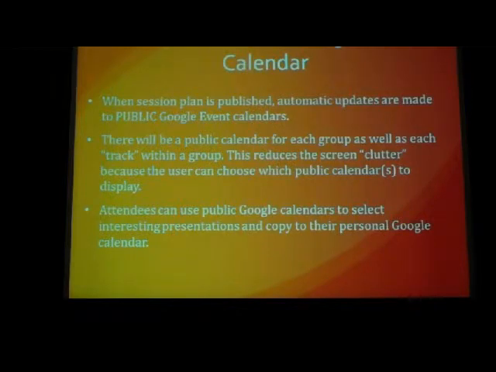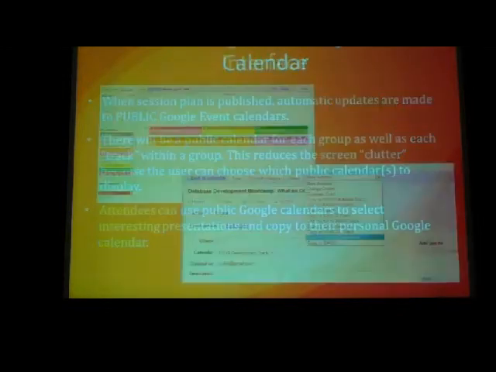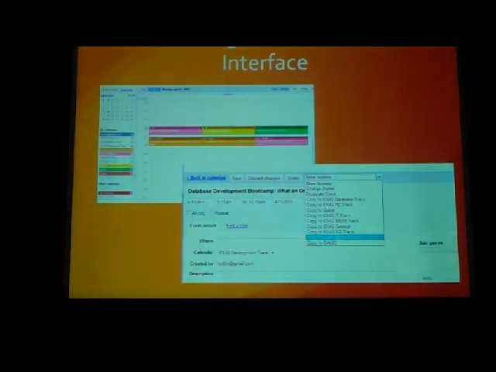So a little more detail about how we can interact with Google Calendars. When a session plan is published and accepted for the conference, an item would be created on a public Google Calendar that our various attendees could subscribe to. That would then show up on their calendar at the appropriate point in time.